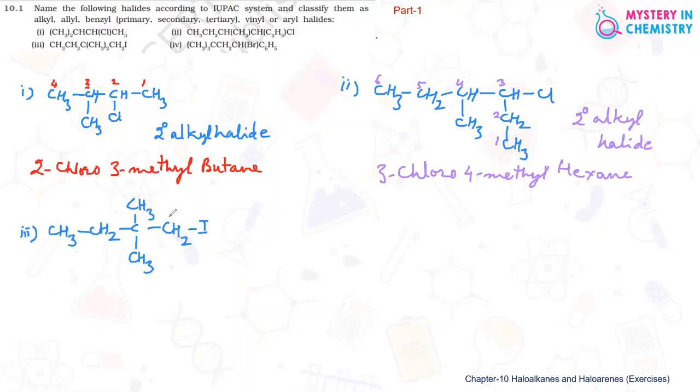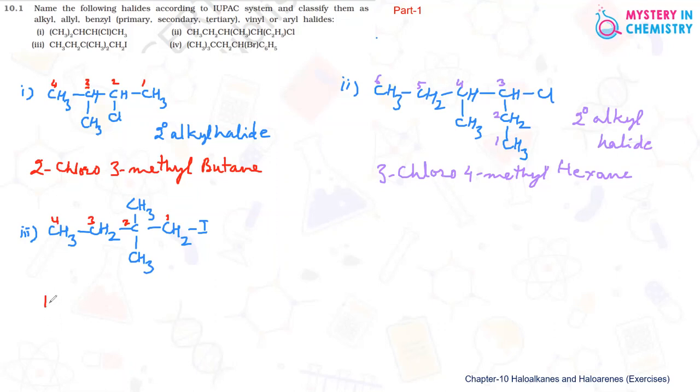So the longest chain we have to select first. This cannot be this one, and it should be this only. So butane is the longest chain. So numbering is 1, 2, this should be 3, and this is 4. And accordingly we can give the name.